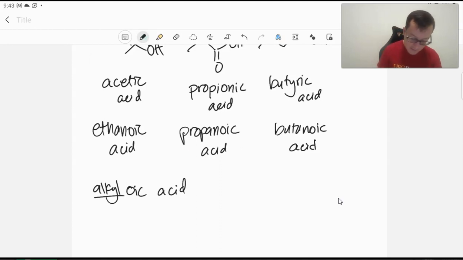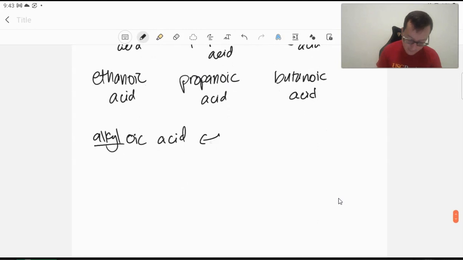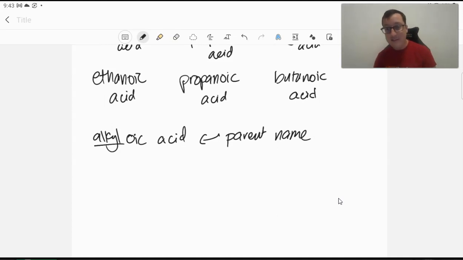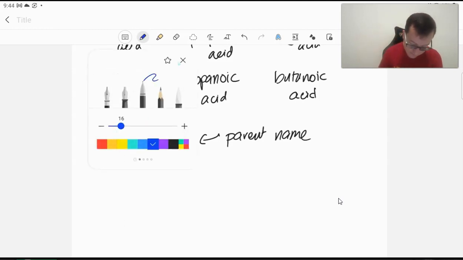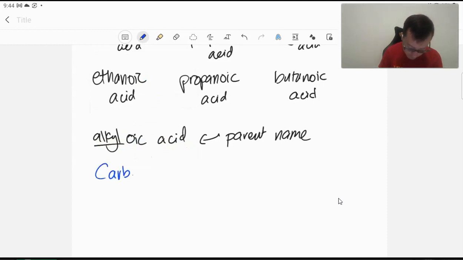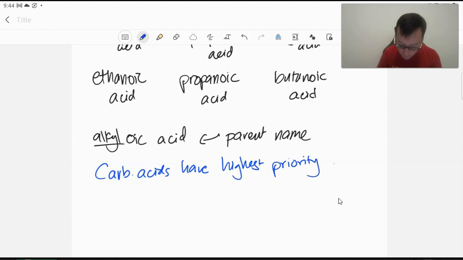We're going to see that this is the parent name, right? It is very unlikely that you will have a substituent carboxylic acid because carboxylic acids are priority number 1 in naming things. They have the highest priority functional group for nomenclature purposes.